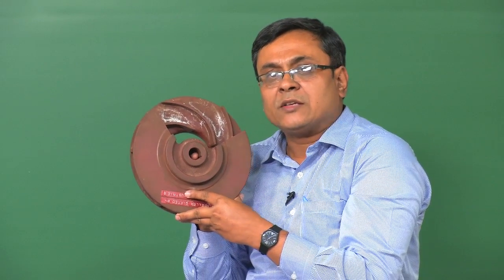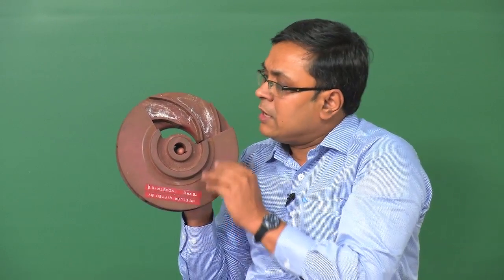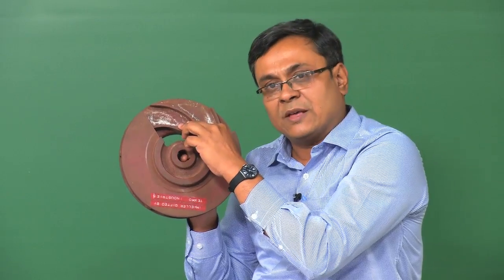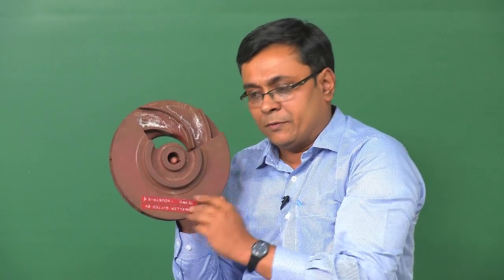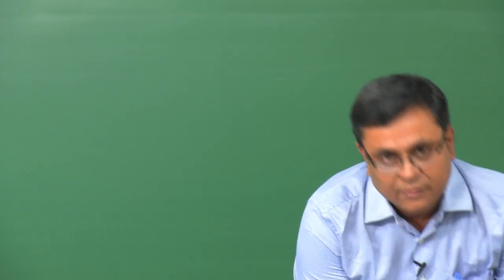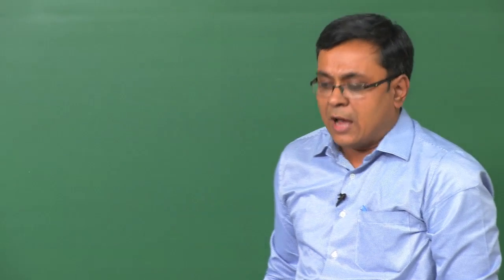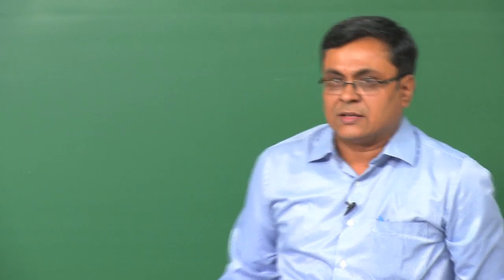But what we need for a better understanding of a turbomachine and better understanding of flow inside the impeller is knowledge inside the vane passage. That means the normal sectional views or the normal side views that we see will not work for an impeller, and hence for this type of radial flow machines I will talk about a different method of representation, and that I will show in the next slide.